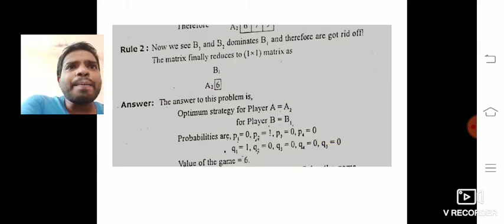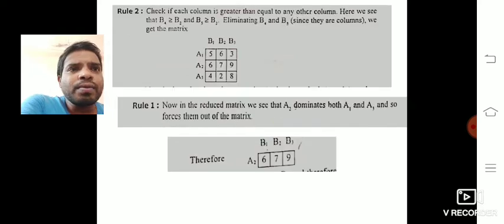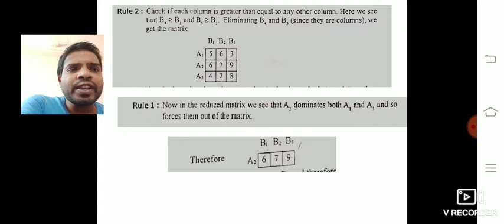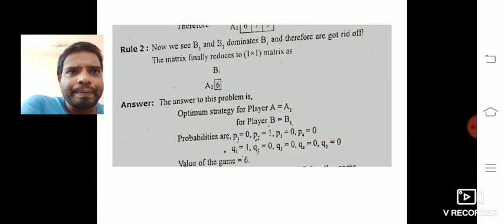Now again apply here. B3 and B2 dominate B1. Apply column-wise here. B2, B3 dominate B1, so when it comes to columns, delete the dominated columns, so you can delete B2 and B3.